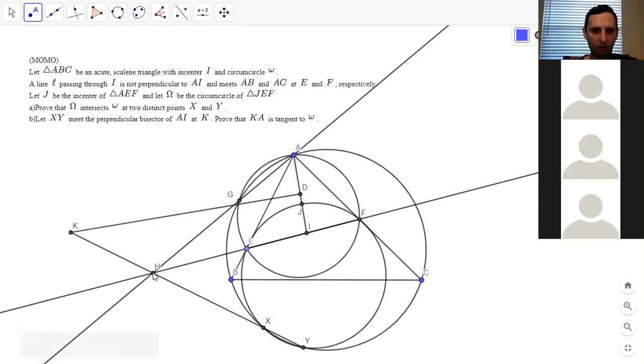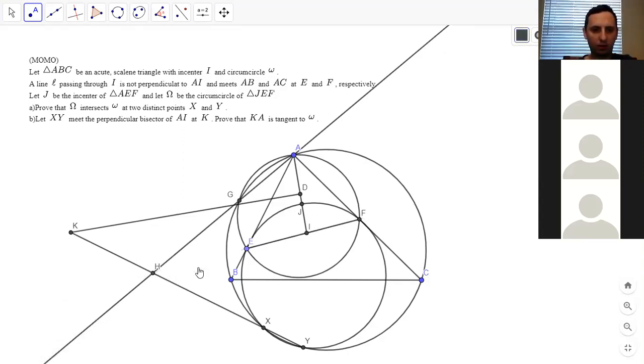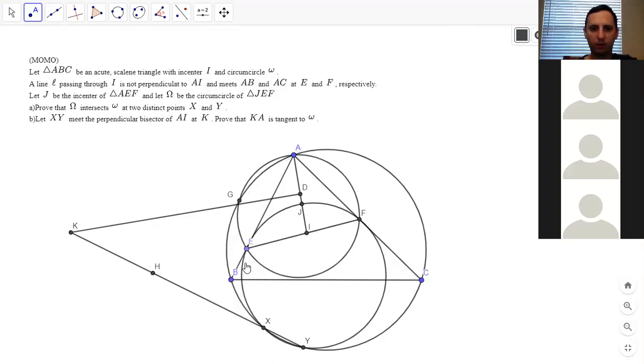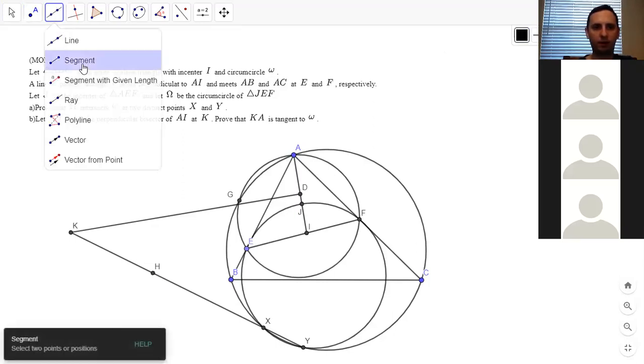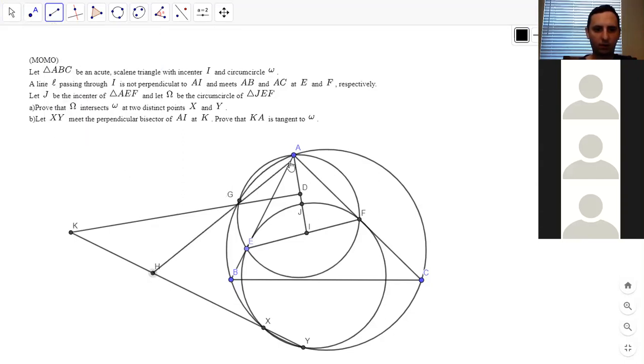Well, BC doesn't pass through, right? Or it's true by the radical axis theorem, right? I'm not sure how much it helps, but should I leave it there? It's up to you guys. BC doesn't pass through H, right? Can you check it?